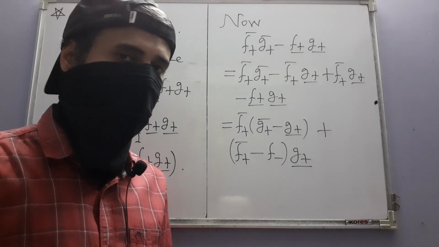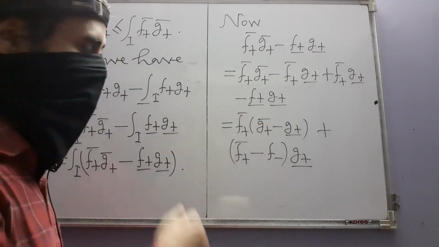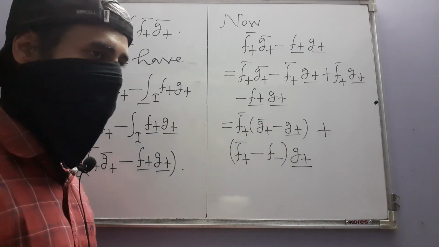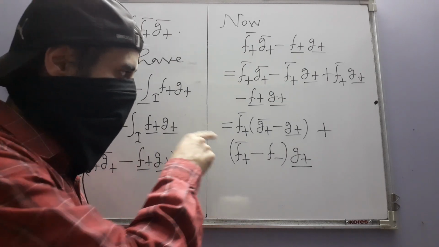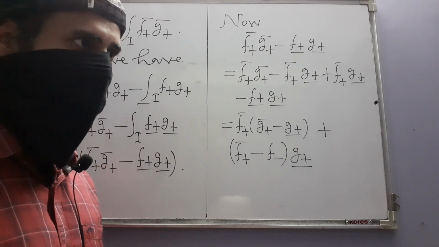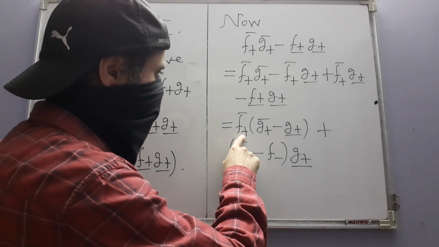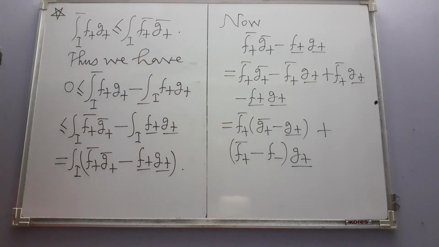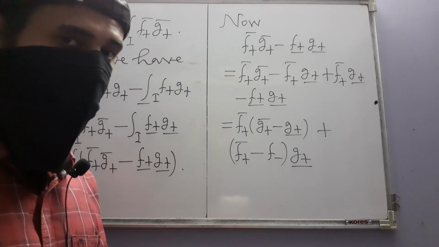So far we have used non-negativity, I mean inequalities on that side. But what about the functions being less than m1, less than m2? Now we will use those bounds, upper bounds. So you know that f plus bar is less than or equal to m1.